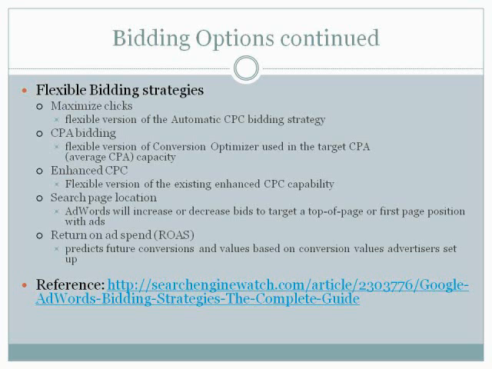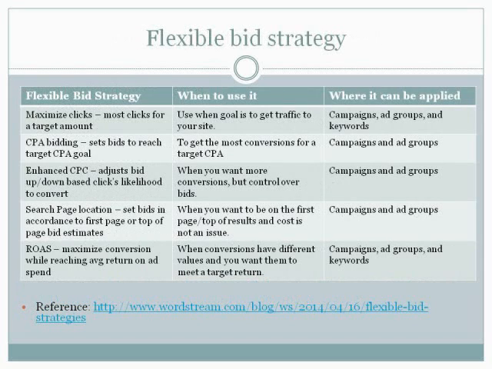There's a little extra guidance here on when to use some of these flexible bid strategies. Again, I would start off with some of the simple strategies, and then if you're understanding what they're doing and you want to try and fine-tune those a little bit, it would be a good time to try some of these flexible strategies. And here's guidance as well.